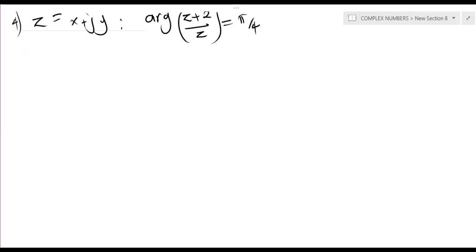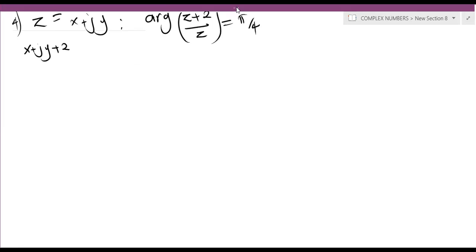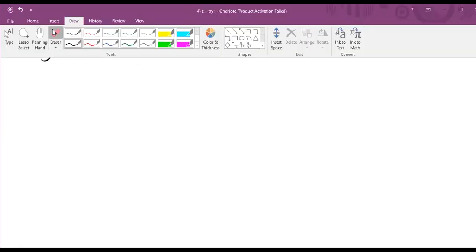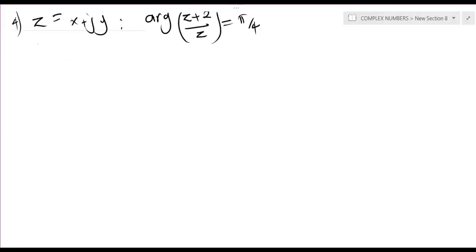Now we already know what arg means. Basically, it means tan inverse of y over x. We already know the value of our x and y here. So we're going to solve, simplify, and get our x and y values in this particular instance. So I'm going to replace z with x plus jy plus 2. Actually, to make it easier, let's just take the real parts.